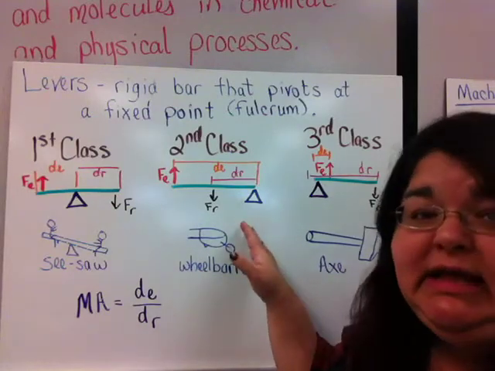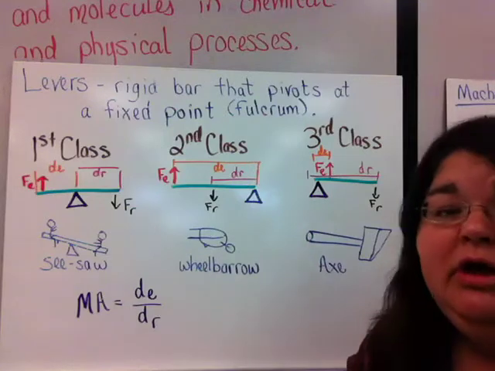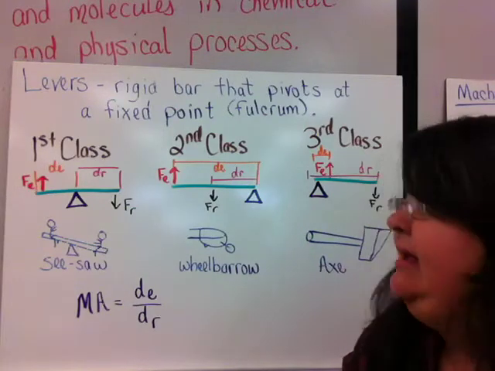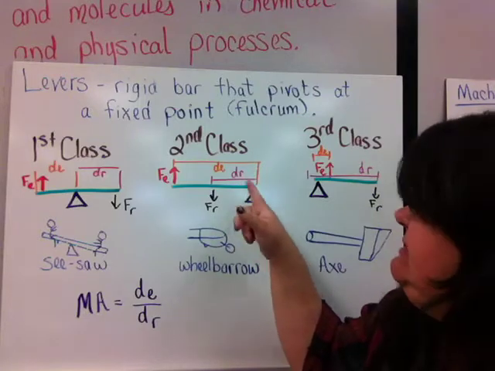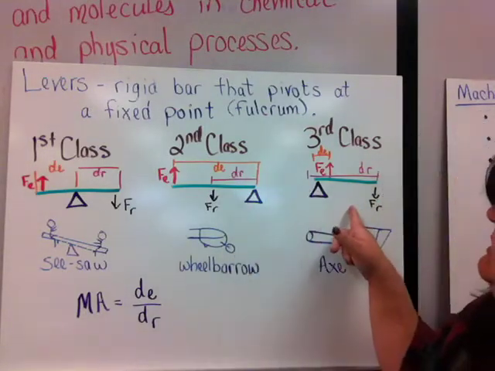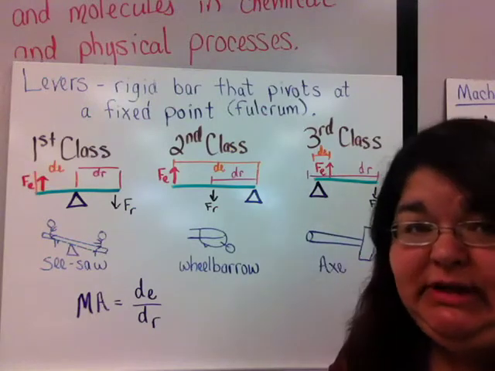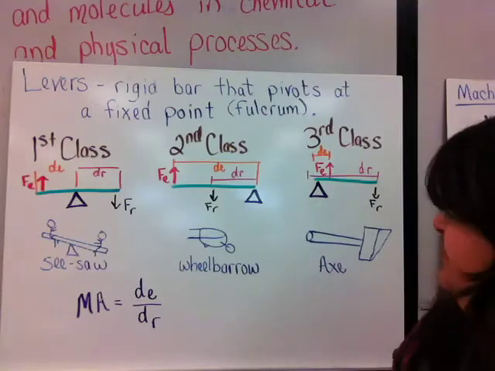But when you get to the second class and the third class lever, the DE and the DR overlap for part of their length. The DR is a smaller distance than the DE in the second class lever, but when you come over to the third class, they switch. The DE is the short one, the DR is the long one.